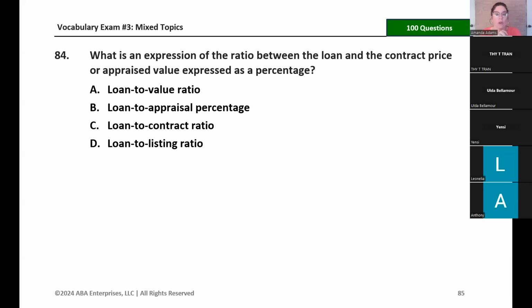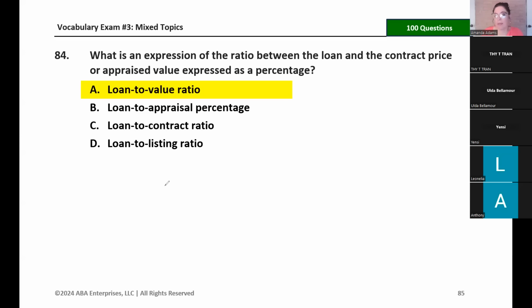Number 84. What is an expression of the ratio between the loan and the contract price or appraised value expressed as a percentage? What's that called? That is A. That's called your loan to value ratio.